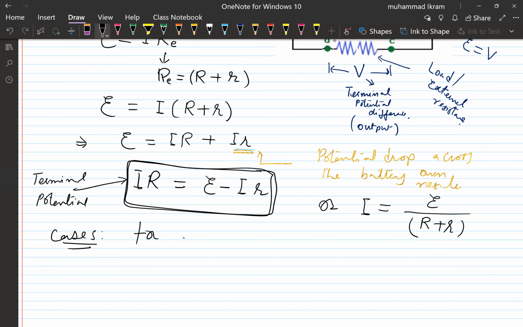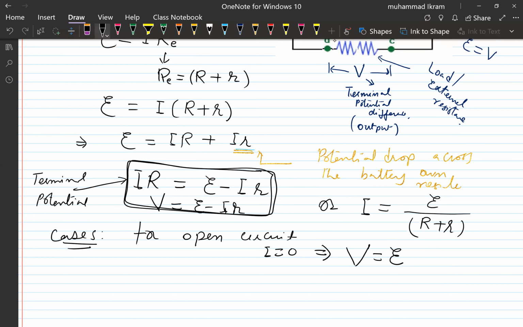For an open circuit, what happens? I will become equal to 0. And what you will be having is this terminal potential difference V. It will become the potential of the EMF source.